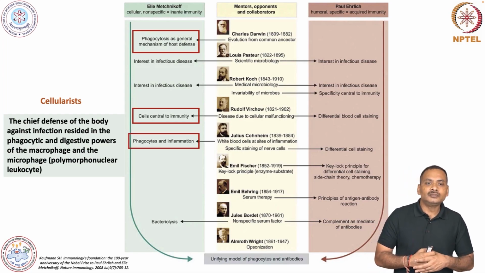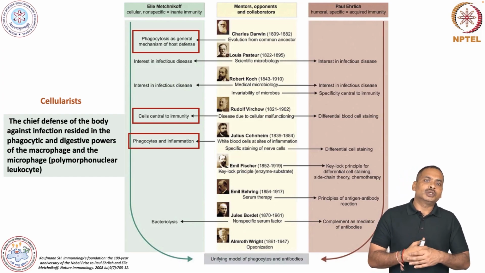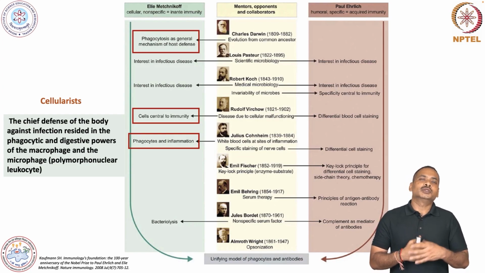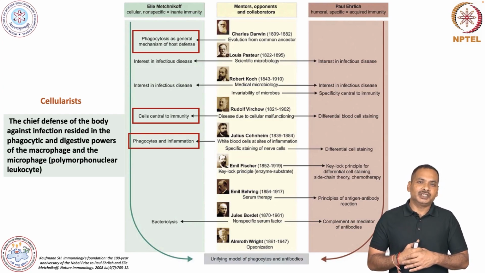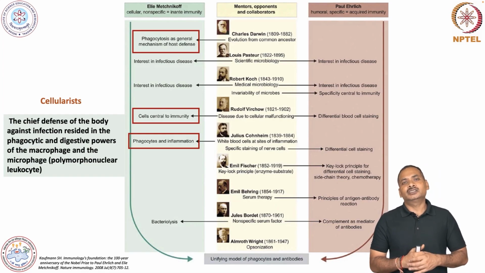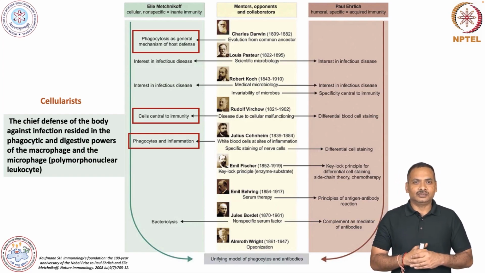Okay. There is Julius Cohnheim. He also supported this theory, who discovered white blood cells present at the site of inflammation. We will discuss all these white blood cells and inflammation at great length in future sessions of this course.